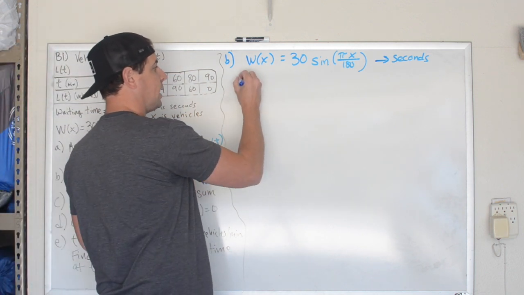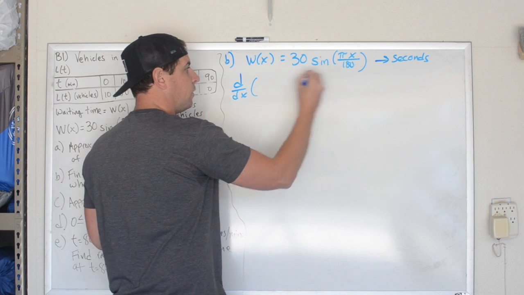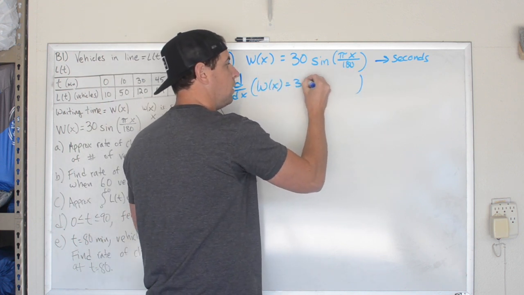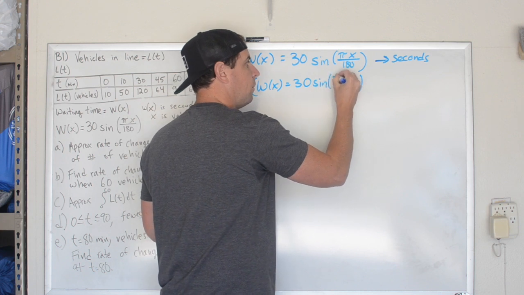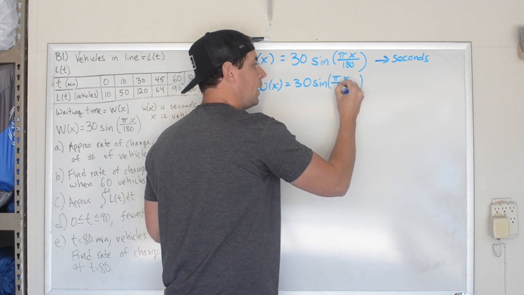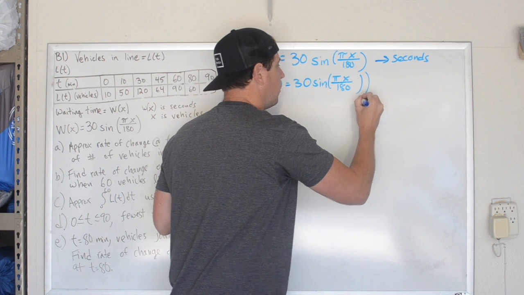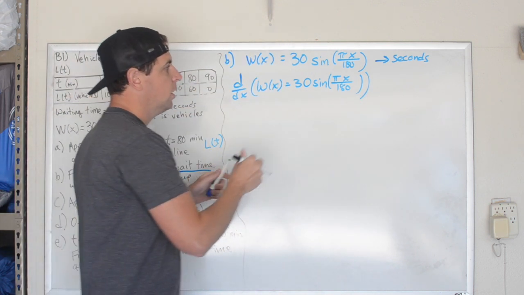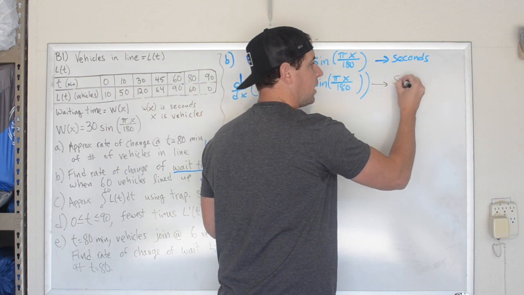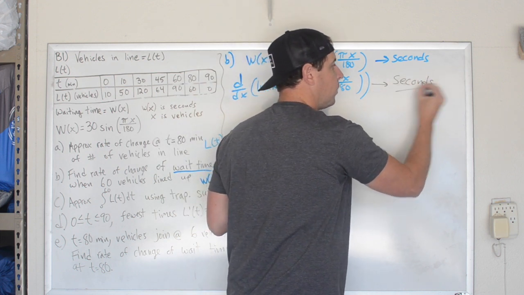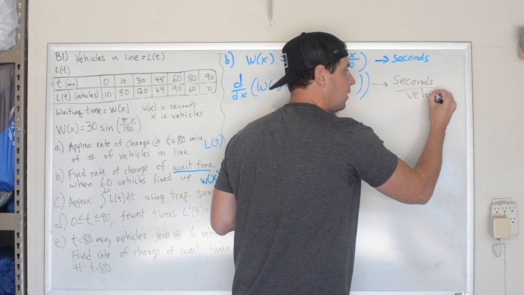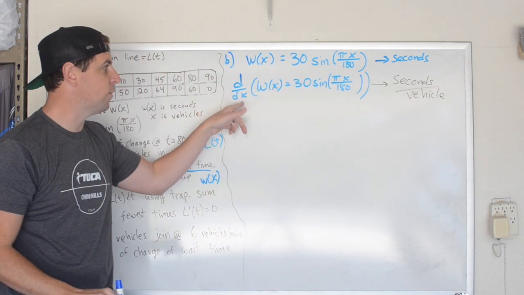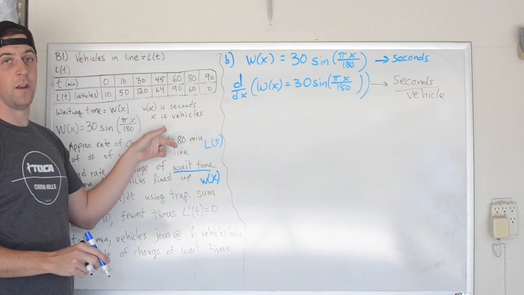So as I take d/dx of this whole thing, W of x equals 30 sine of pi x over 180, what I want to point out is that the units we can determine now are going to be seconds per vehicle, because we took the derivative not with respect to time, but with respect to x, and for this function, x is representing the number of vehicles.